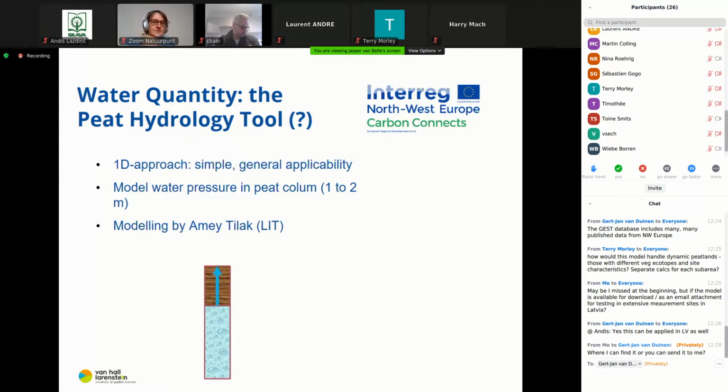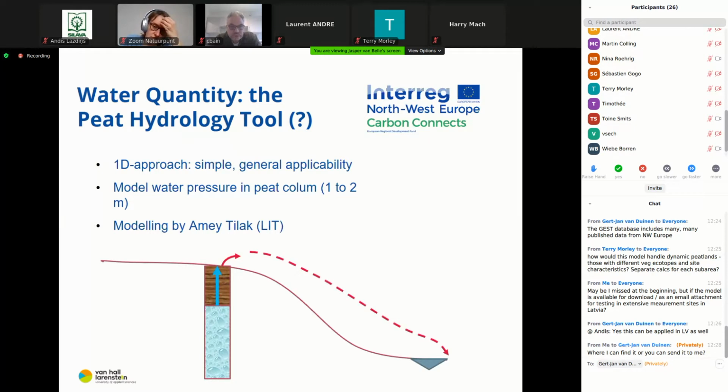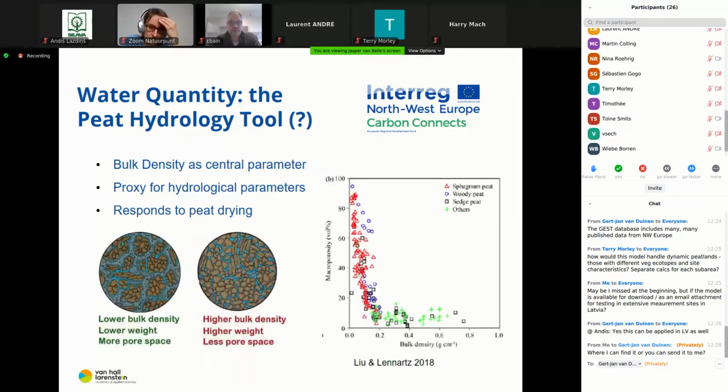Basically, Ame is modeling the water pressure here, which can be translated to water levels. Once you reach the surface level, you'll get overland flow, and this contributes to, of course, flooding in rivers and all that. We're still building on this.